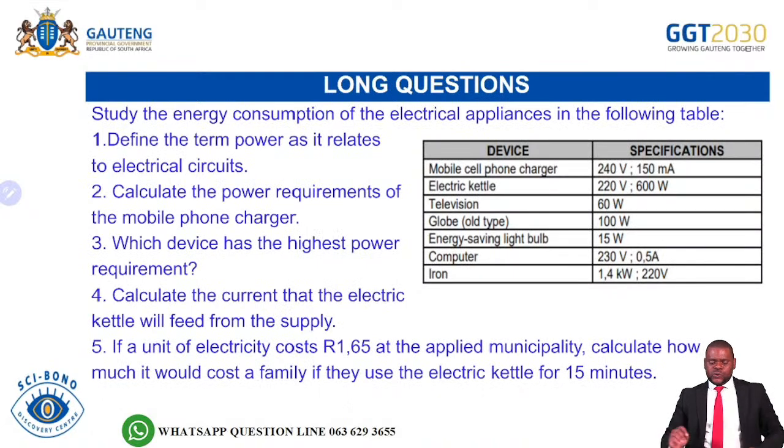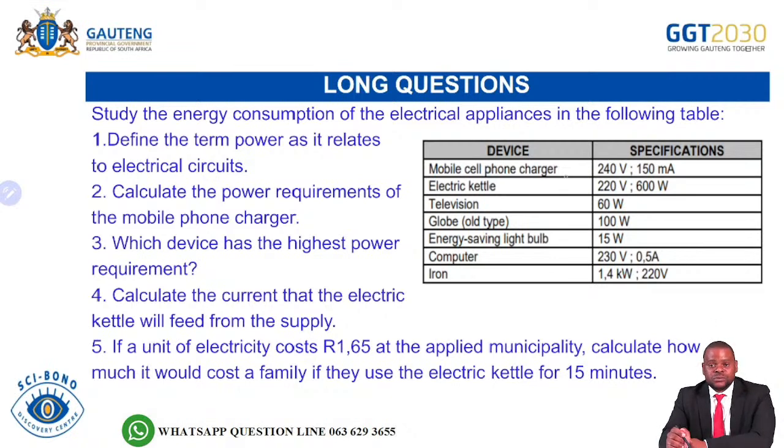Then let's look at this interesting question, grade 12. This is very interesting because we're dealing with the appliances that you and me know. We have them at our homes. Let's look at the devices first.